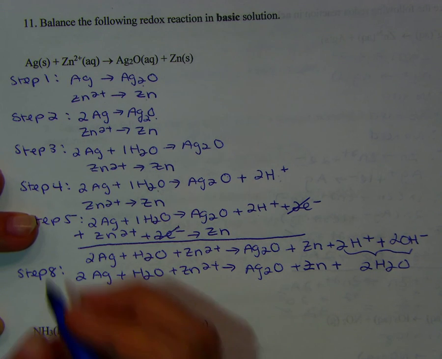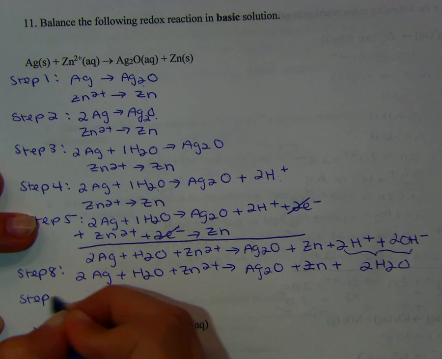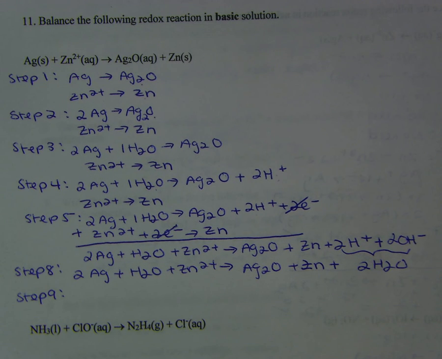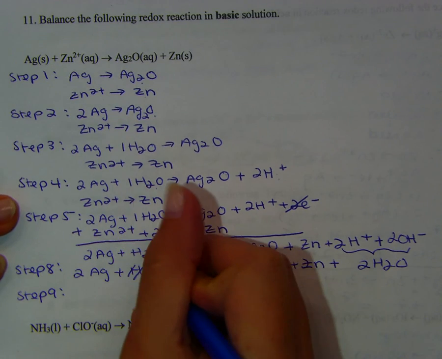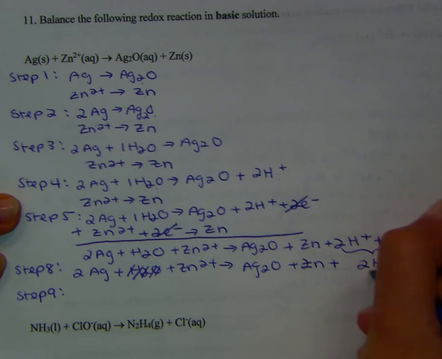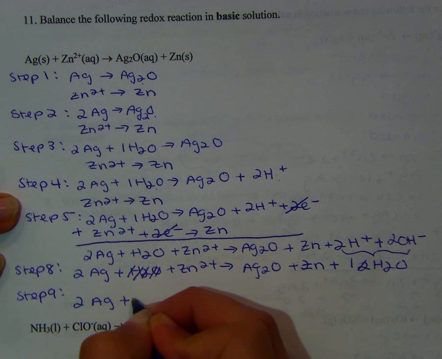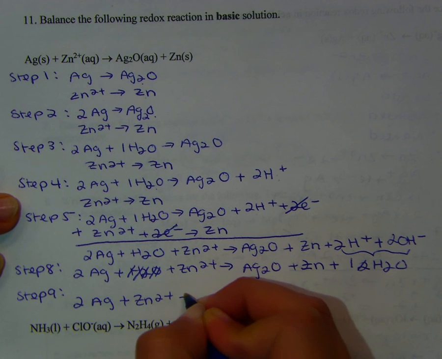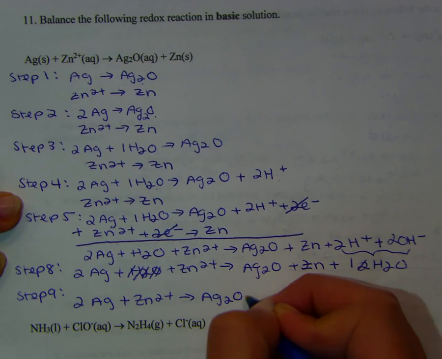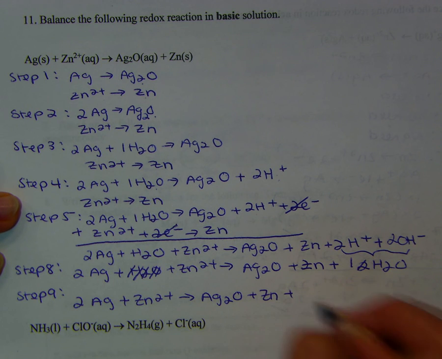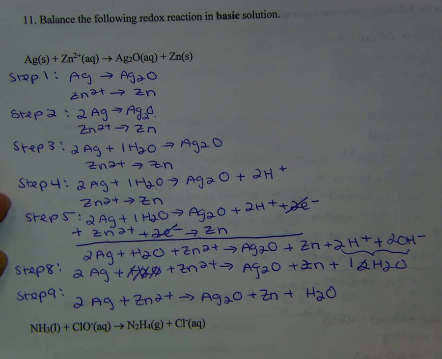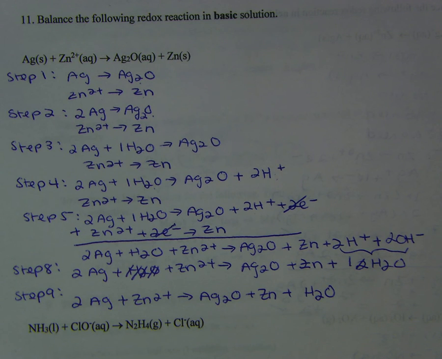And then my final step is I just say, okay, I have 1 water on one side, I have 2 waters on the other, so I cancel them out, and I say, this water's got to go, and this one gets reduced to 1. And so I get in my final step 2 Ag plus my zinc 2 plus goes to my silver oxide plus my zinc plus 1 water. Okay? And then, as always, we can check. And we can say, did we do this correctly?